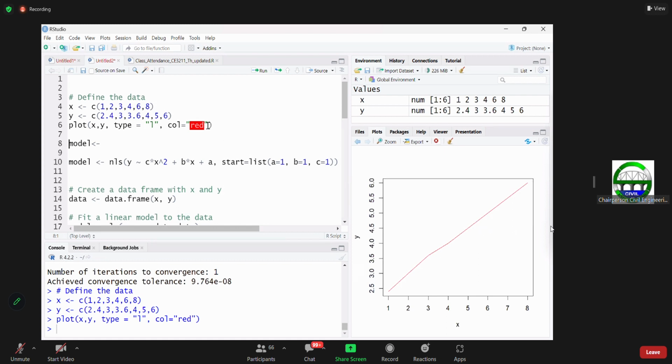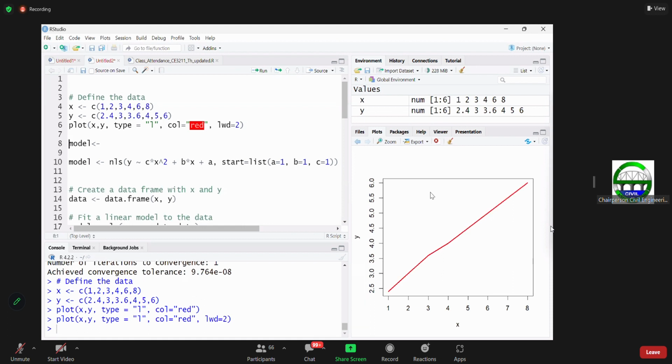Everyone can see, and maybe I can increase the line width, it will be a thicker line, right? Or I can say that it will be points. These are my point data.